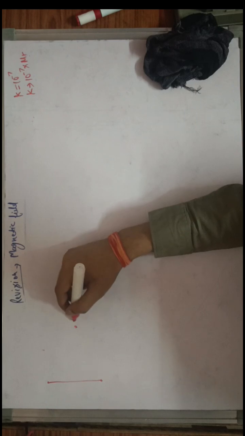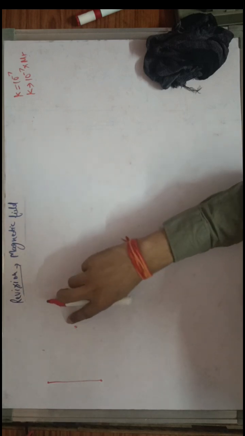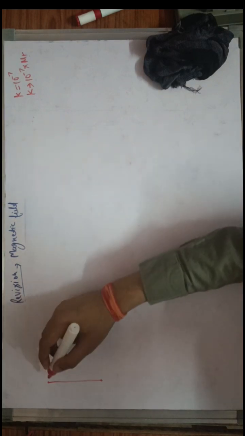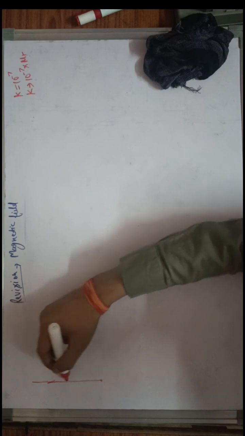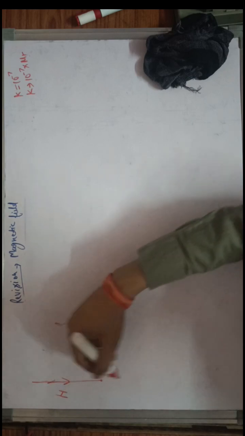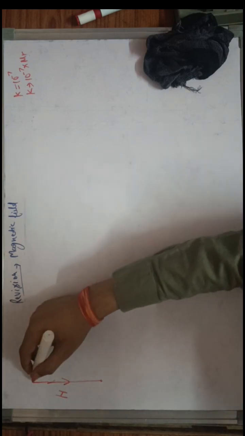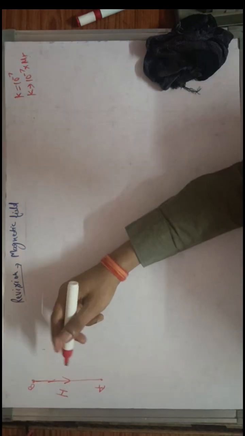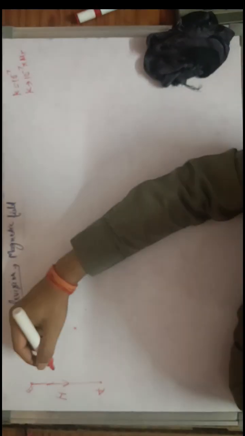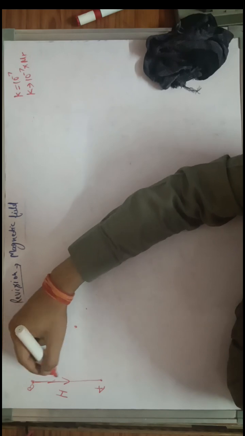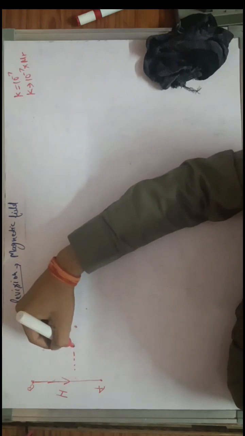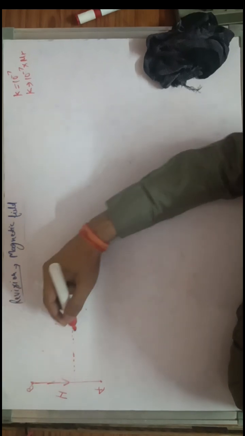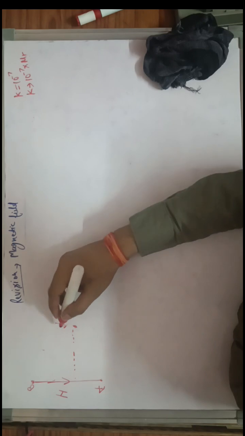Let's say there is a point P in the space, and this is a straight wire carrying some current I in this direction. This is A, and this is B. This is a finite length of current carrying wire, and let's draw a perpendicular line from this wire to this point P.